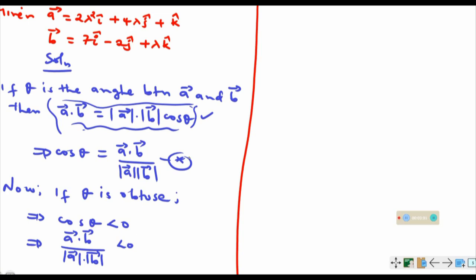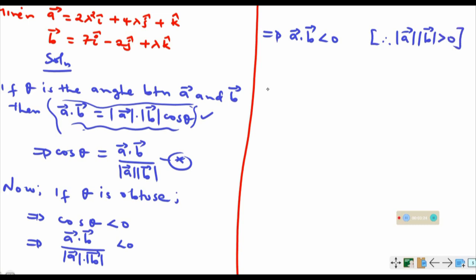And for this case, it will still imply that A dot B will be less than 0 provided that magnitude of A and magnitude of B are also greater than 0.